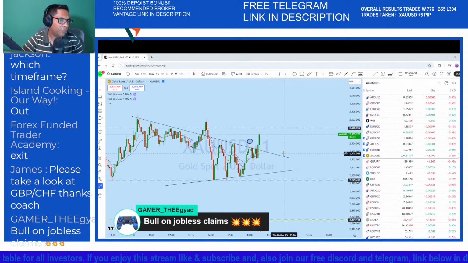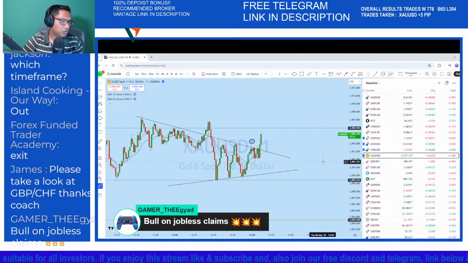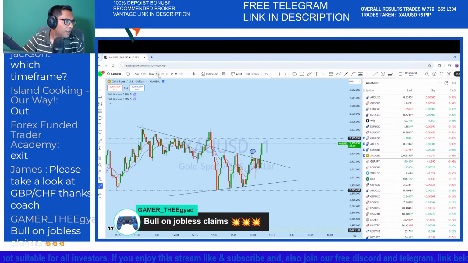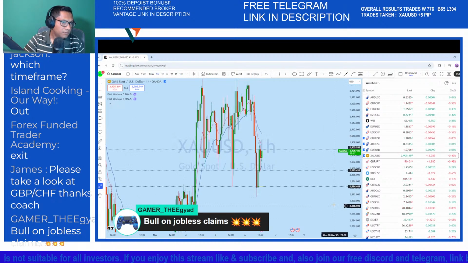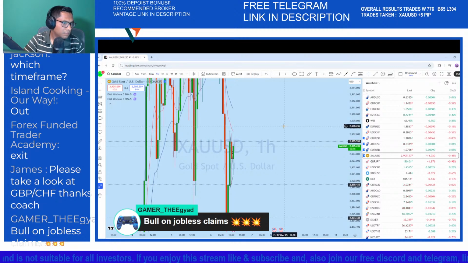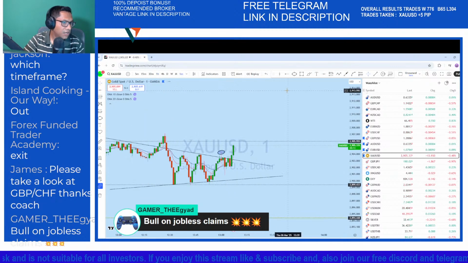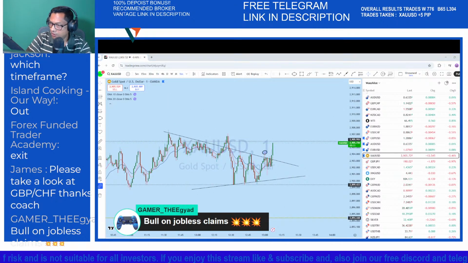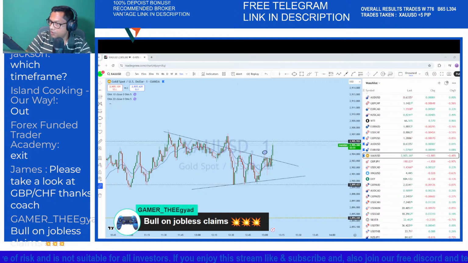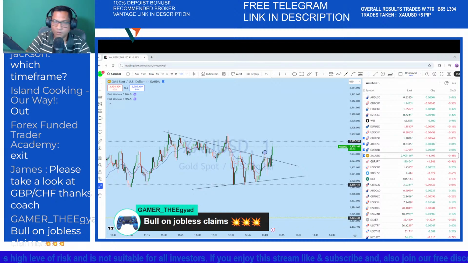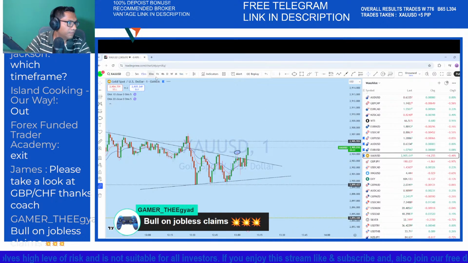Okay, so you can see that from here it managed to bounce. So it managed to bounce now. So let's see where we can find any entry at the moment on US.